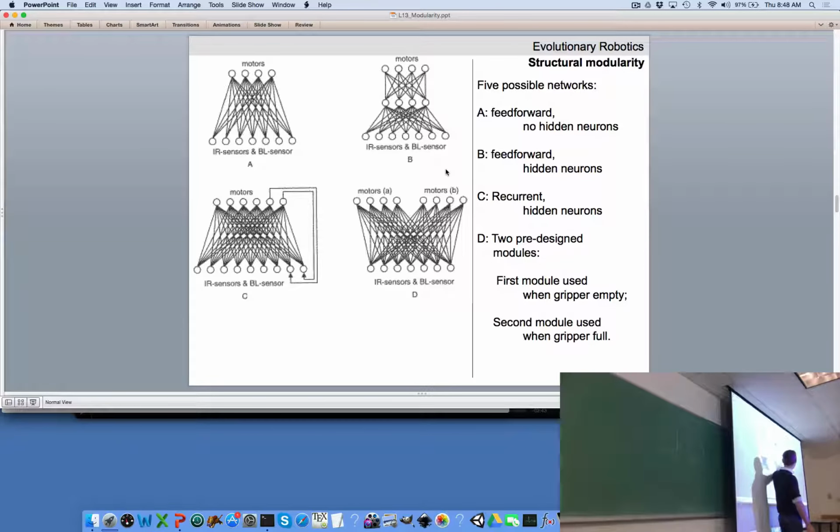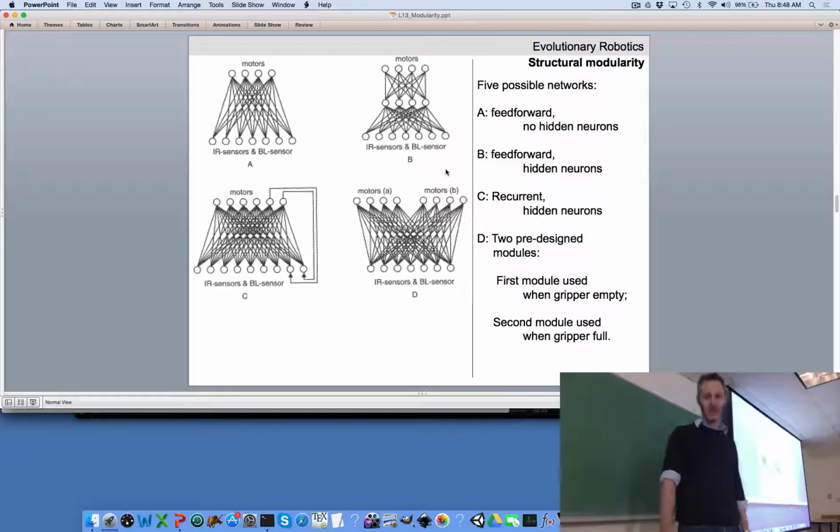What do I mean by a module being in control? It means that the motors are controlled by these 4 neurons. When the other module is in control, these 4 neurons are in control of the motors. Right? But again, the human investigators have decided that these are 2 good modules.